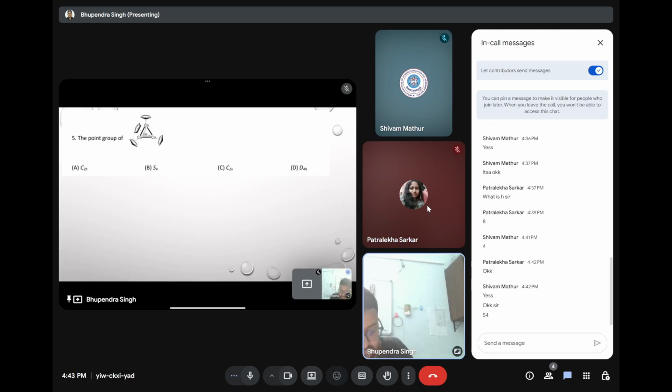Each Co is connected to all three of the other Co.